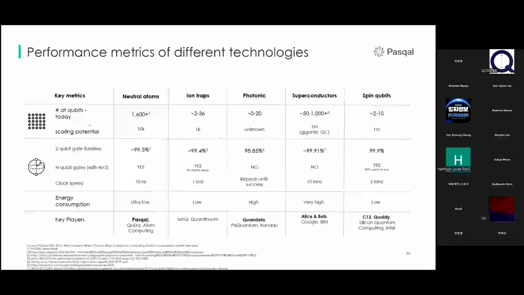With that said, the last element I wanted to touch upon for today's session is how you go about evaluating technologies. What are the key performance metrics that you need to keep in mind? As I mentioned previously, there are different types of physical quantum computers, and each of them has different advantages, not only from the application perspective, but also from the hardware perspective.